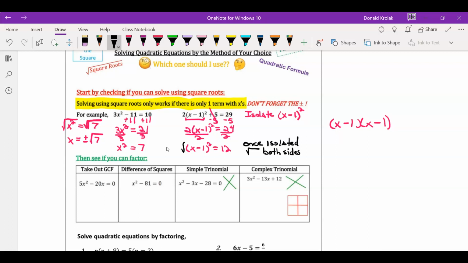So now I have x minus 1 equals plus or minus the square root of 12.